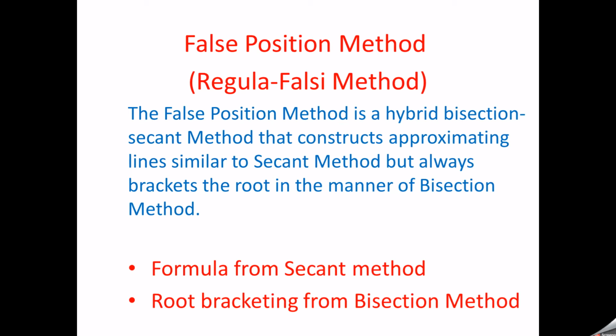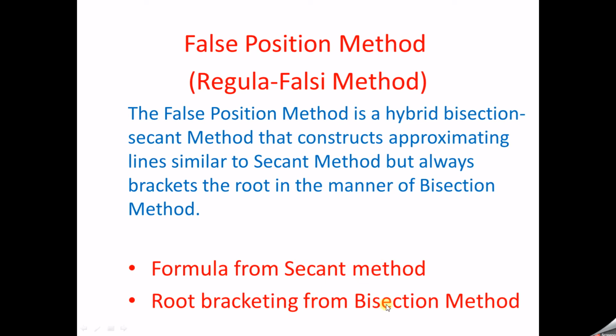From these two methods we take the positive points. From the bisection method we take the positive that it always converges because of the root bracketing, and in the secant method the convergence is faster because of the formula we use for the approximation.